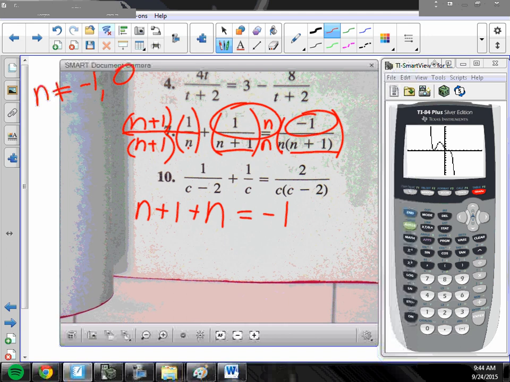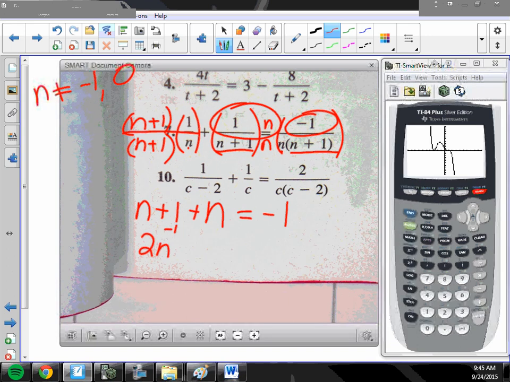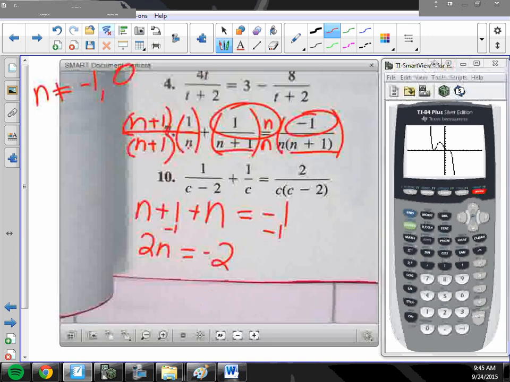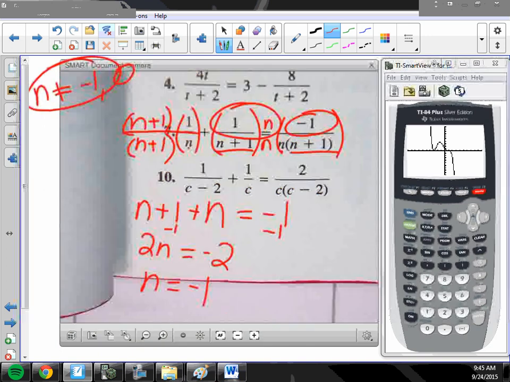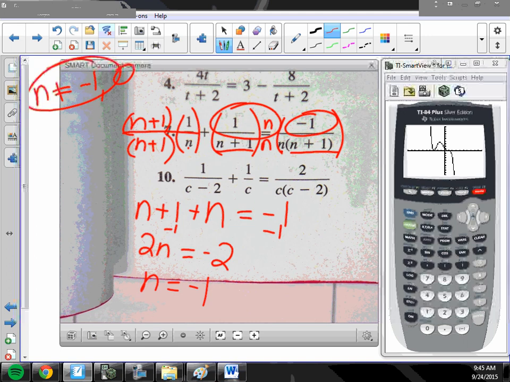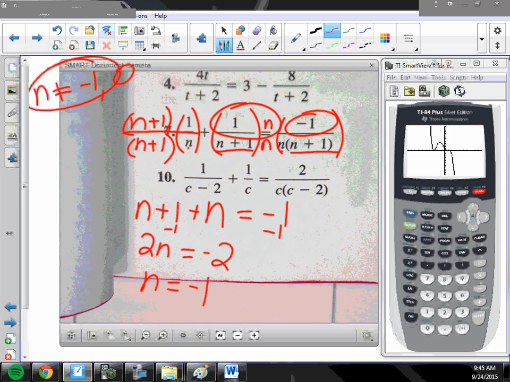So this is 2n, I'm going to subtract 1, equals negative 2. Divide by 2, and n equals negative 1. But once again, that is not allowed, so this particular function has no solution. So there's either a hole or an asymptote where the answer is supposed to be. Okay, now that's not going to happen every time.